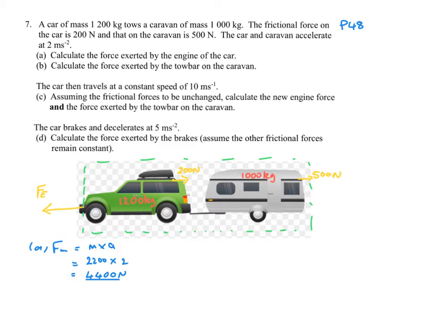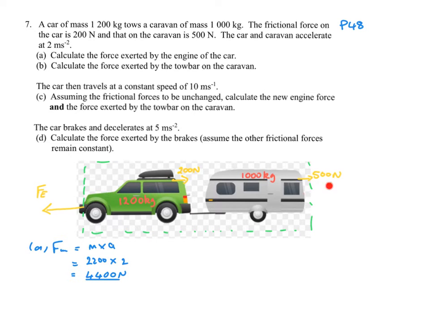However, that's not the value for the engine force, because the engine force is acting to the left. You've got 700 newtons of friction acting to the right in total. This unbalanced force is actually the difference between these two. You've got an applied force, the engine force, and the frictional force is acting against it.